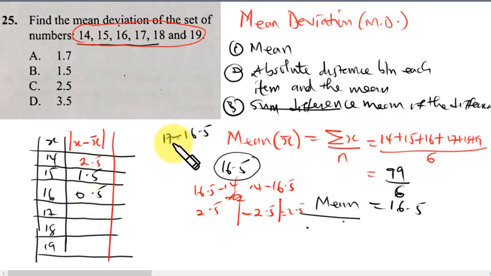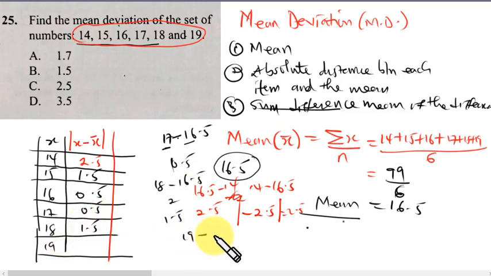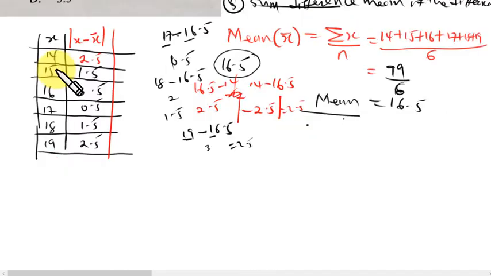Then 17 minus 16.5 is 0.5. Then 18 minus 16.5 is 1.5. And 19 minus 16.5 is 2.5.